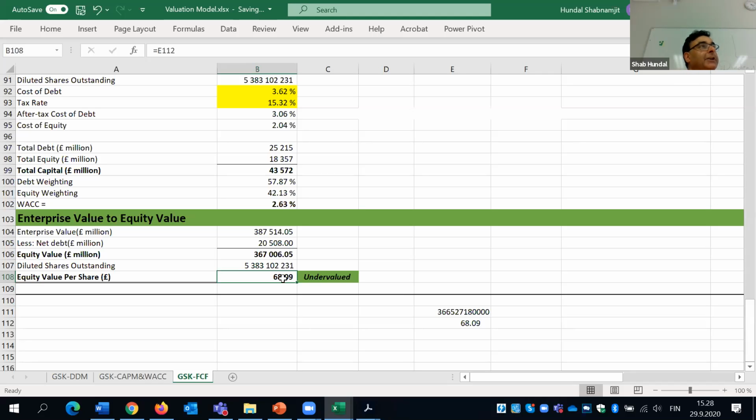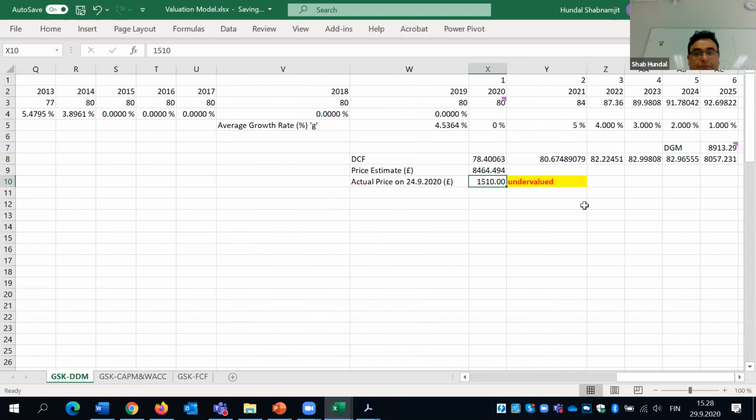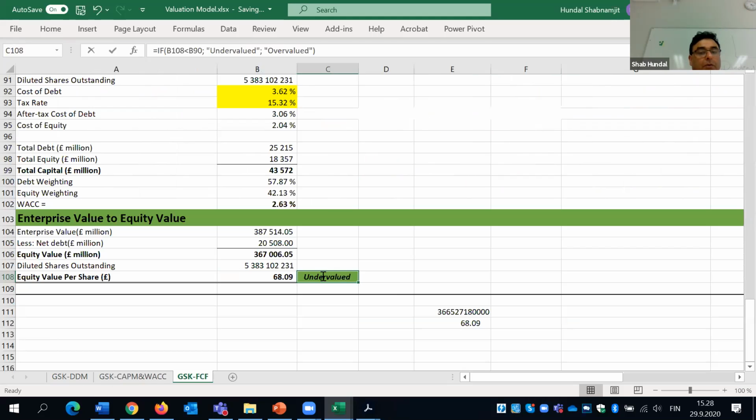Now, we applied two techniques. In one technique, the stock market data is more prominent, and we got the result that the GlaxoSmithKline stock price is undervalued. Then we applied another technique, which is more of the accounting, historic information, and that also says undervalued.